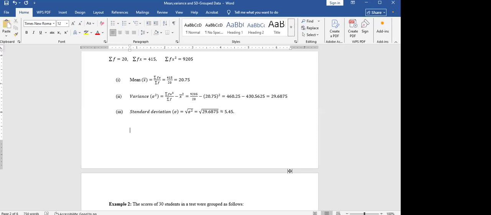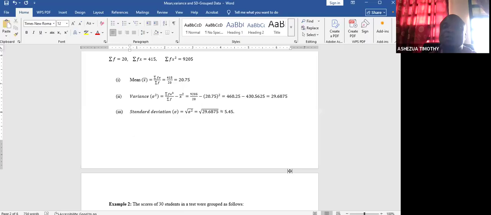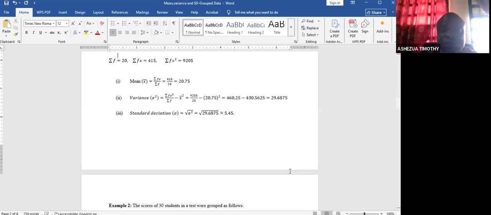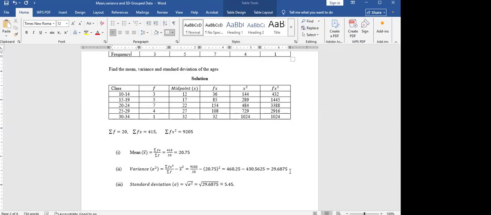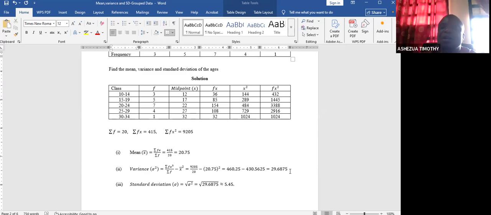What of the ungrouped? For ungrouped data, this is a group data. Ungrouped data may just have numbers like 3, 5, 7, 8, 9, 10. The data is not grouped. If you want to find the mean, all you need to do is to add the scores or the values of the distribution together and divide by the number in the distribution.